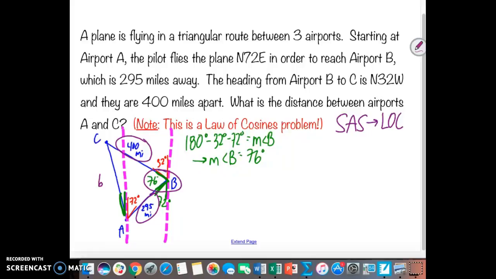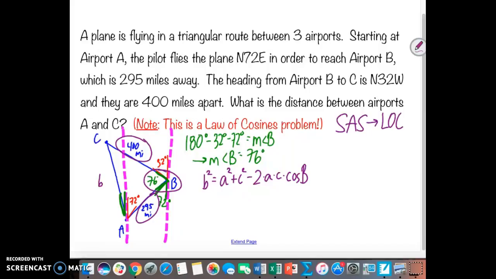Law of cosines, if we are trying to solve for side length B, we can say B squared is equal to A squared plus C squared minus 2 times A times C times cosine of angle B.